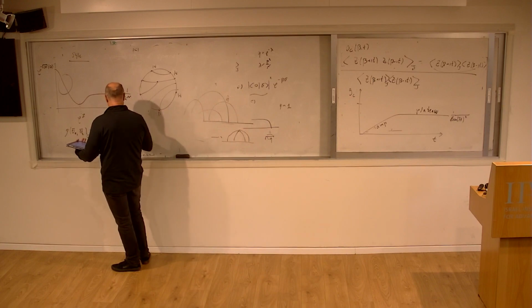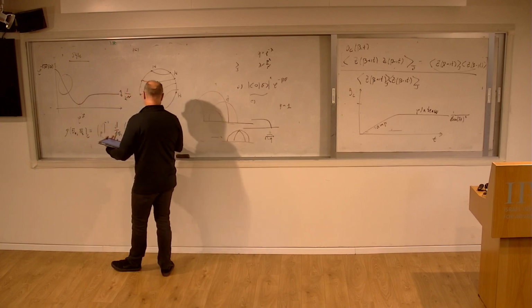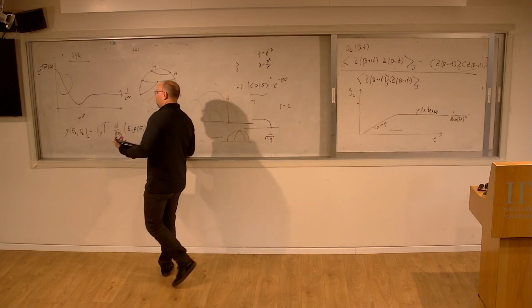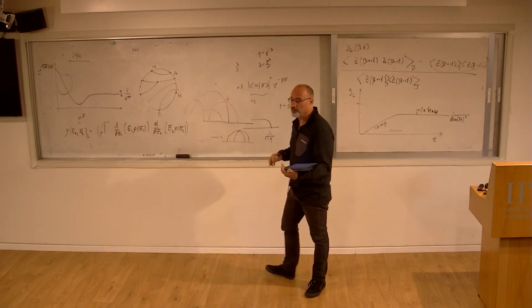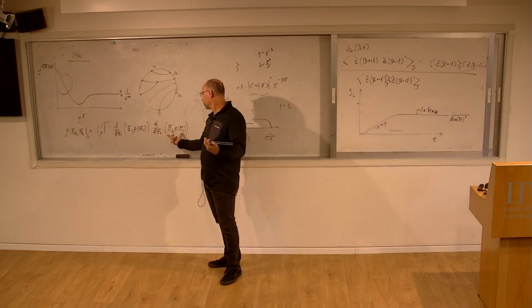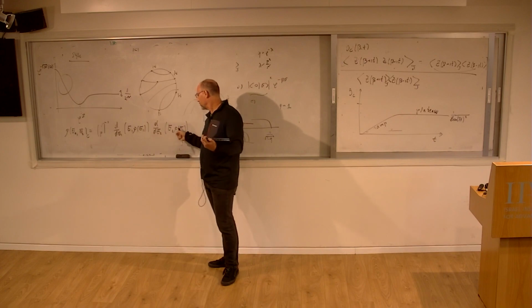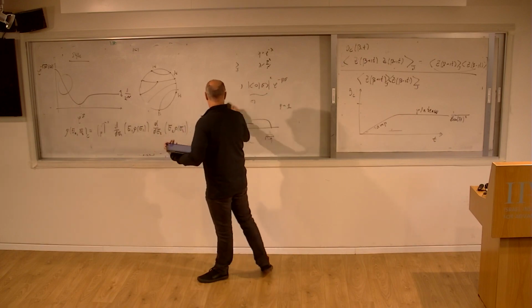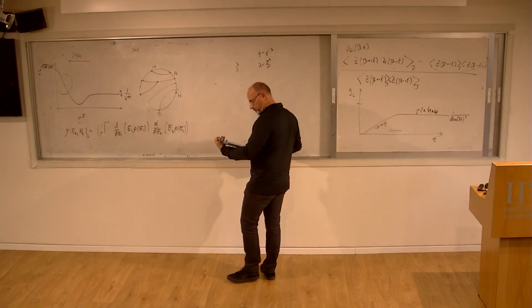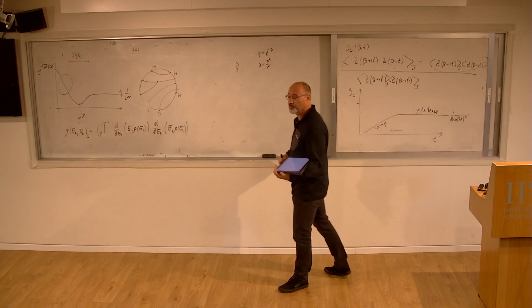d E1, E1 rho of E1, d E2, E2 rho of E2. Okay, so this formula has some physics in it, and so basically, what does this thing, okay, let me write this in a suggestive way, and then ask some of the students to throw in some interpretation of this.